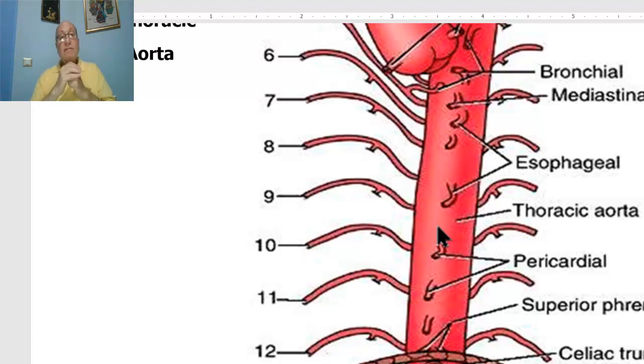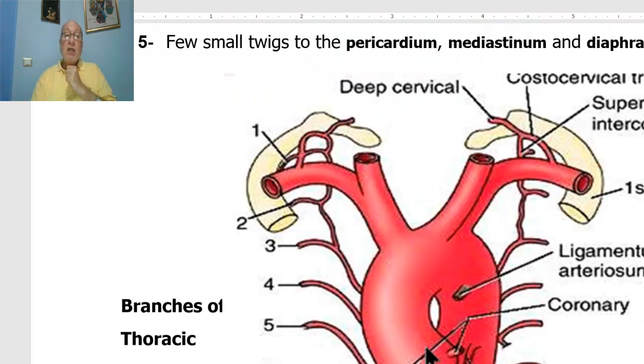It gives the 5 esophageal branches. And the descending aorta is related to the pericardium, mediastinum, and diaphragm. Therefore, along its course, it gives esophageal branches, pericardial branches, diaphragmatic branches, and mediastinal branches.